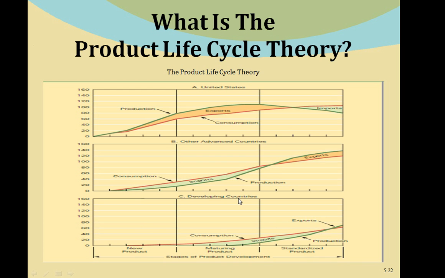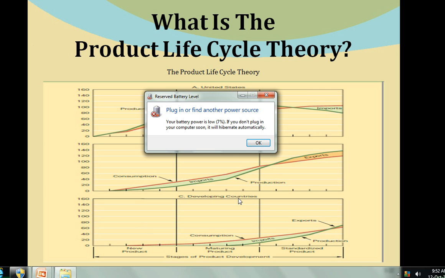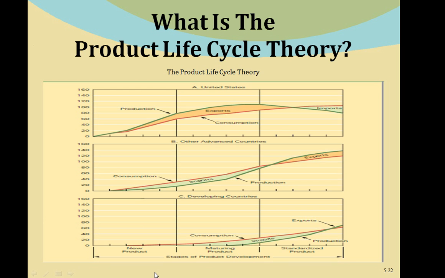It's different from marketing PLC. In marketing PLC, product life cycle, we say it starts with product development, growth, maturity, decline. That's for the product itself, in the marketing perspective. However, in the IB perspective it is different.